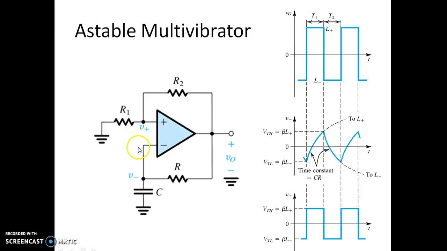Now instead of connecting the source here, the input for this inverting terminal is obtained from this capacitor charging towards V0 through a resistor R.